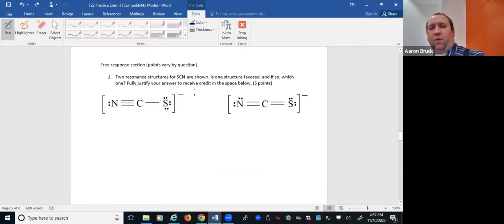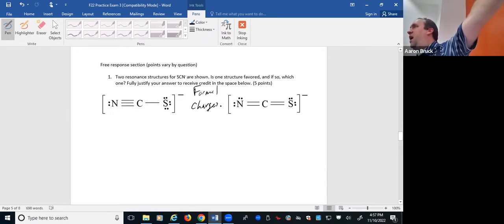We need to look at formal charges. Because we can look at this and say, okay, everything's obeying the octet rule. Nothing's going out of bounds in terms of that. Which one's got the better formal charges? That's the one that we're going to favor.